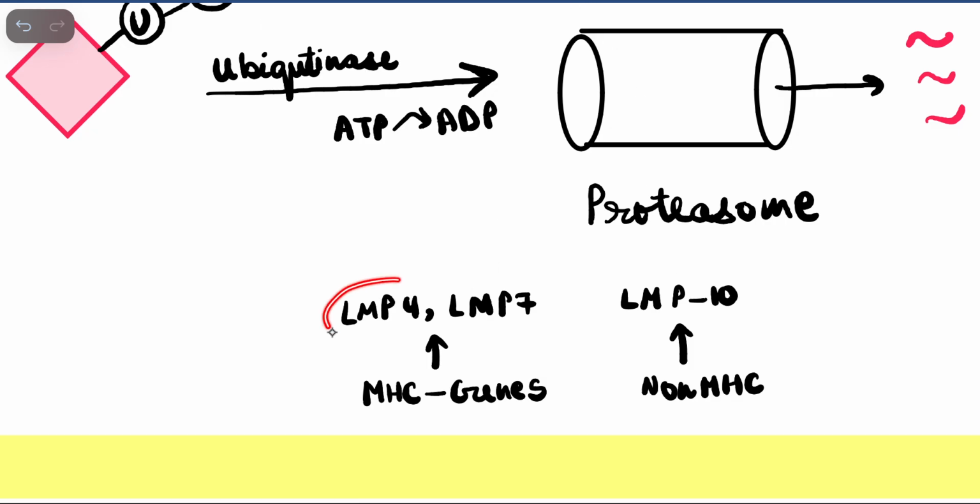These LMP4, LMP7 and LMP10 proteins get integrated into the proteasomes. When these get integrated, the proteasome becomes more efficient in cleaving the antigen. After the antigen has been cleaved inside the proteasome, the antigenic polypeptides are generated.